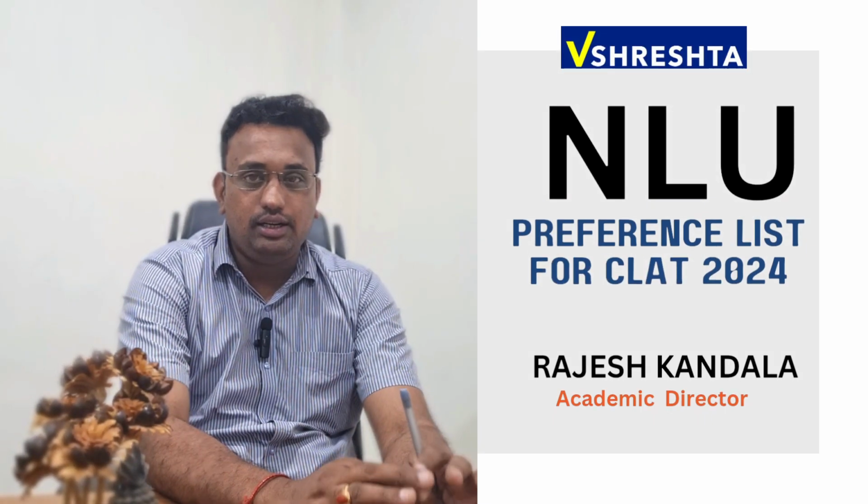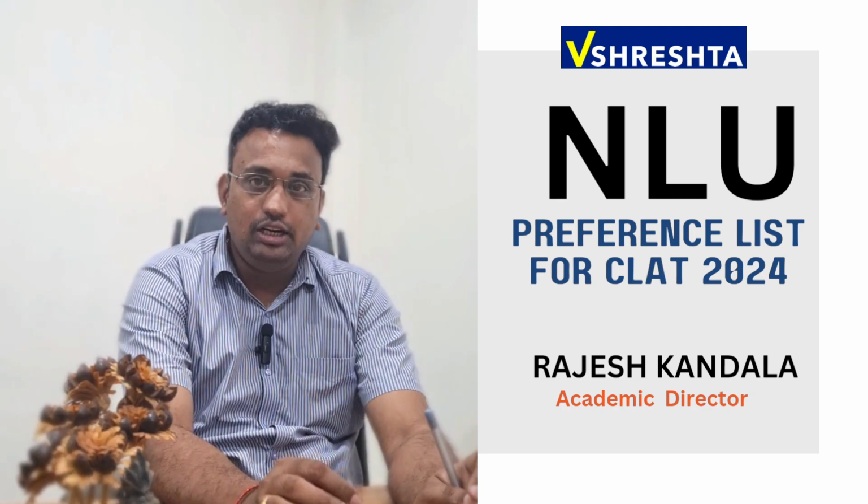Even if a particular NLU is not in your desired list, still go for filling all the 29 NLUs. Now, the division of NLUs is into Type 1, Type 2 and Type 3 NLUs.